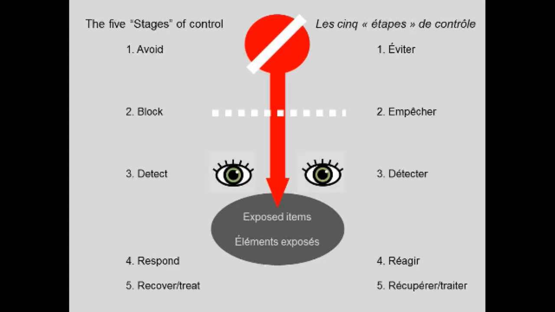And the agents are part of the framework for preservation that CCI puts out, so you probably know it from that. In that framework, you also have the 5 stages of control. So again, these help us think about how much damage is likely to occur in a certain situation, because we look at, are there things in place that help us avoid that agent or block that agent from getting to our collections?